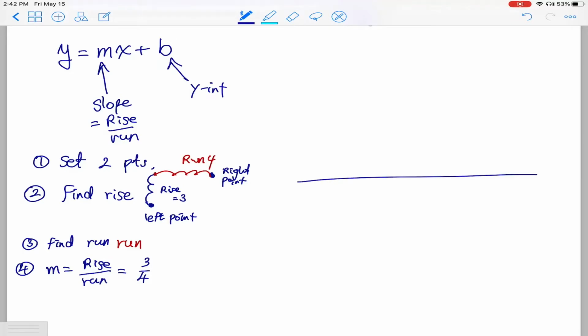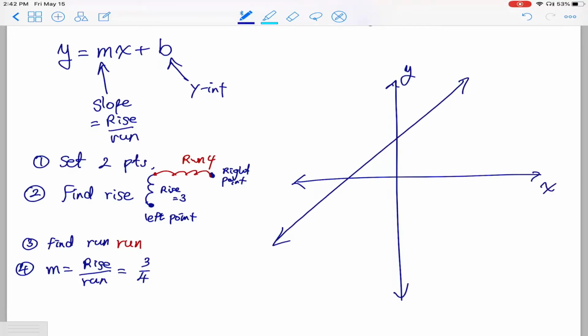So if I have, let's say, this example over here, and then it goes like this. And let's say that is +3, and let's say that is 7. Then this one is a positive slope since it's going up, and the y-intercept is right there.